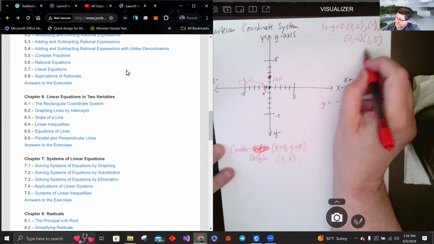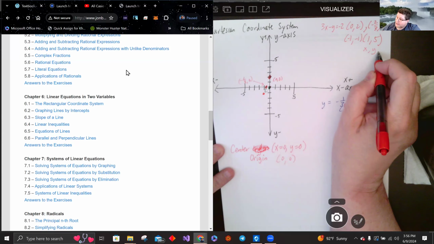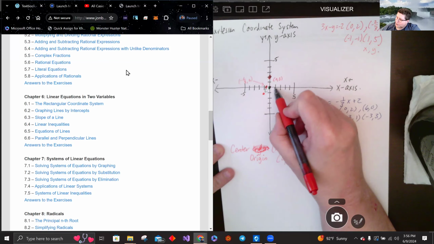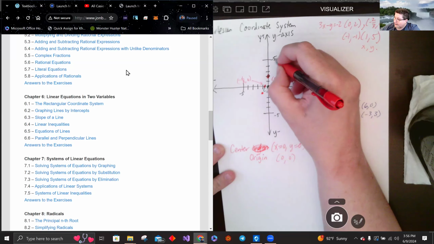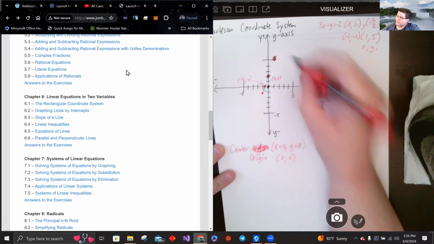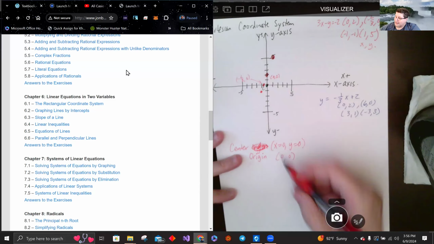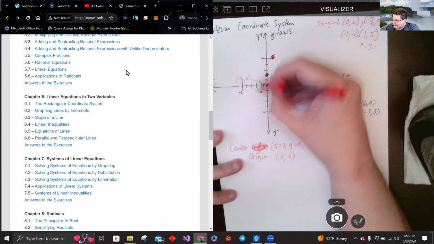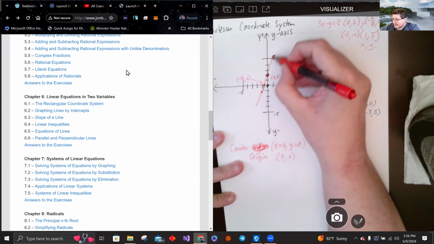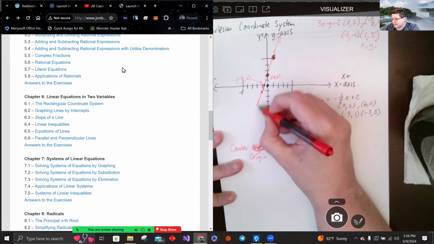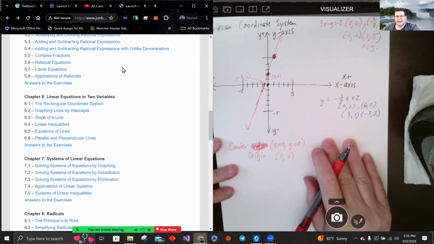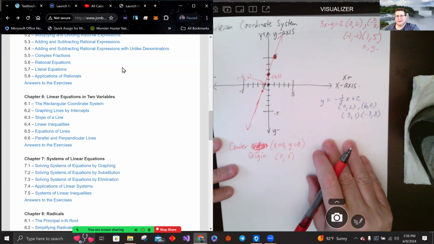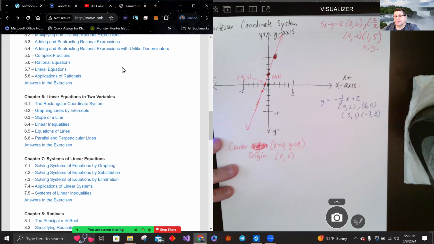And here, this is my x value, this is my y value. To get to (1, 5), I go to where x equals 1, and then I go up 5 for where y equals 5. And that's right there. And you'll see the dots, and this makes a line. There are an infinite number of values that will satisfy this equation, but they have to be on this line.